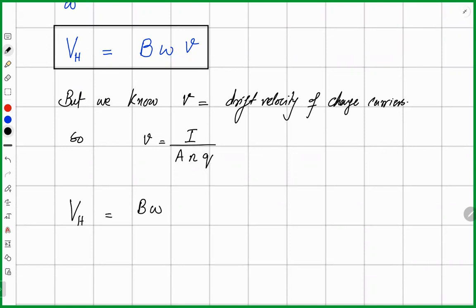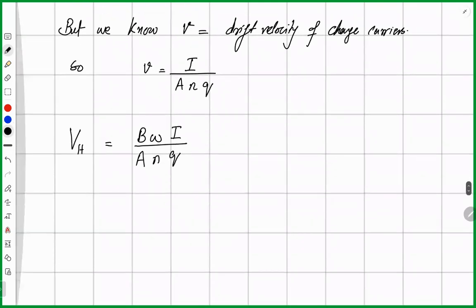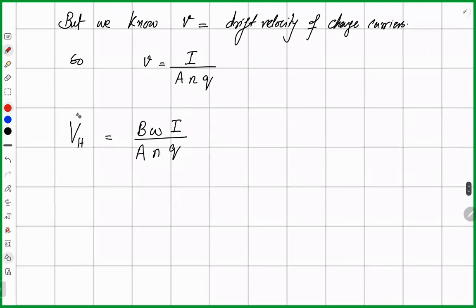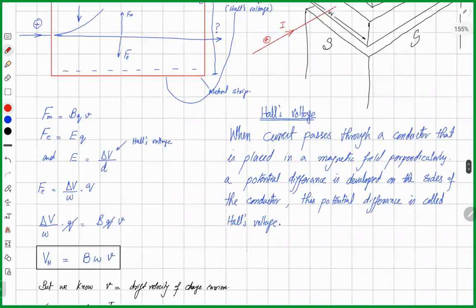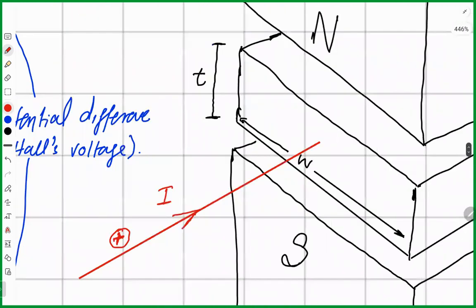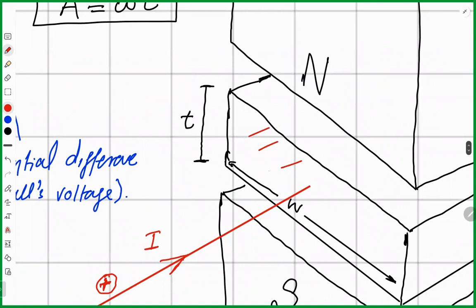B W I over A N Q. And this is one formula for finding Hall's voltage. But if you look at this diagram, do you see that this cross-sectional area that we are talking about is W multiplied by T?